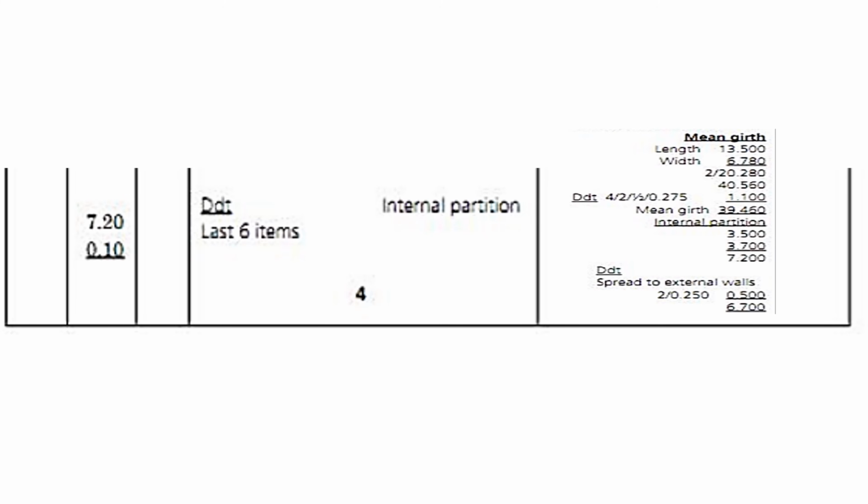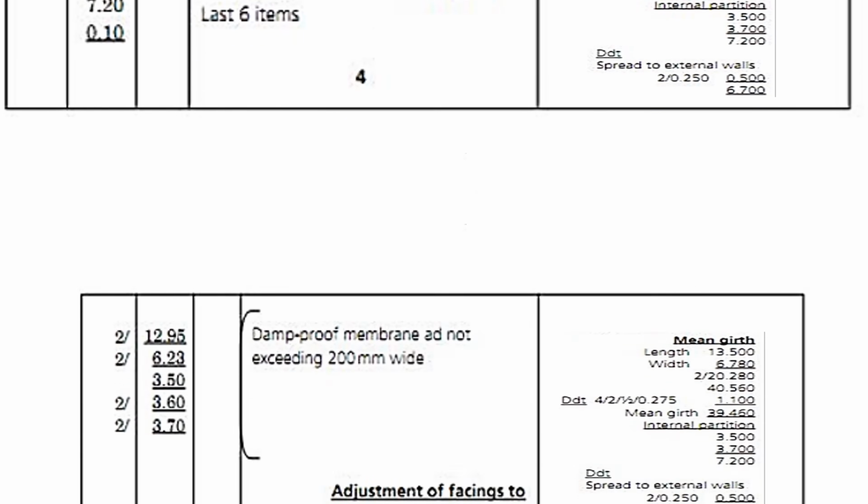So we shall take the center line of the internal partitions, then multiply by the thickness of the internal partitions, because all that we have measured will not happen below the wall. So we shall deduct the area below the internal partition walls. The center line is 7.2 and the thickness of the internal partitions is 100 millimeters, 0.10. So we shall deduct the last 6.